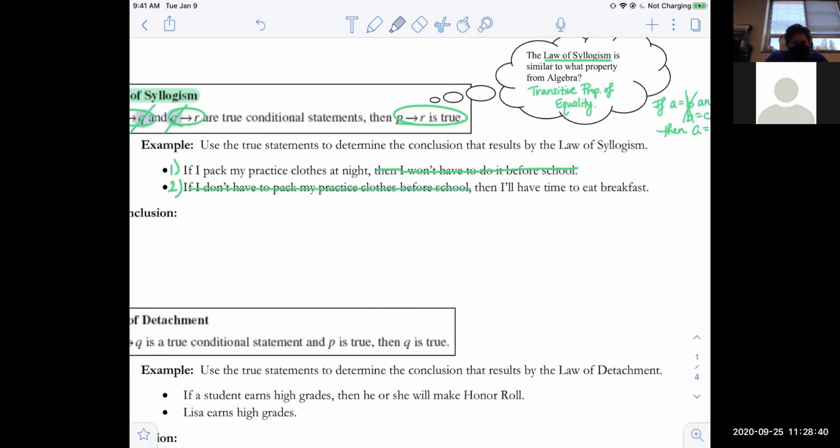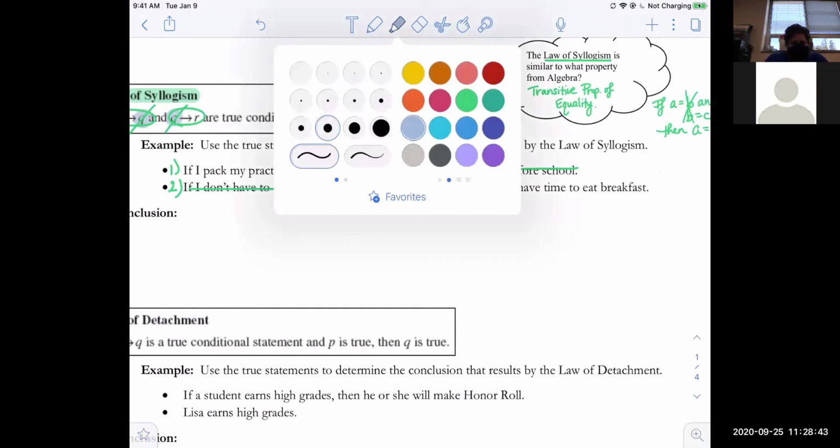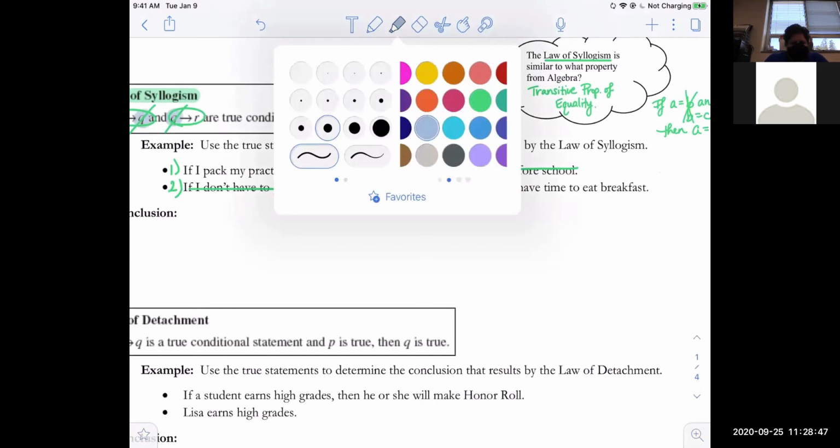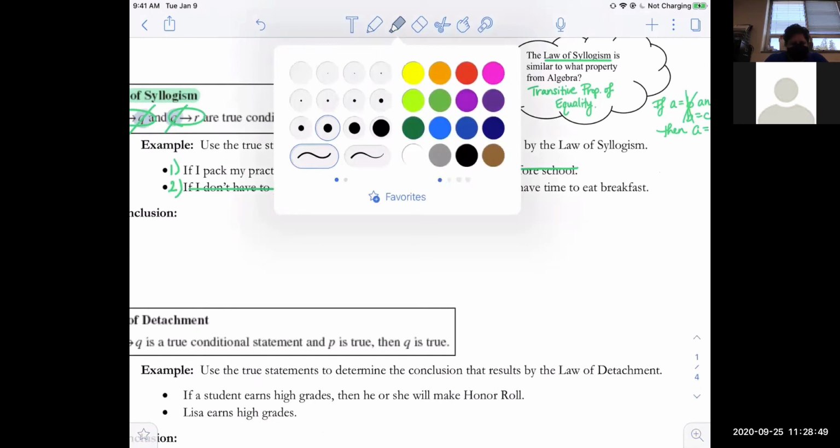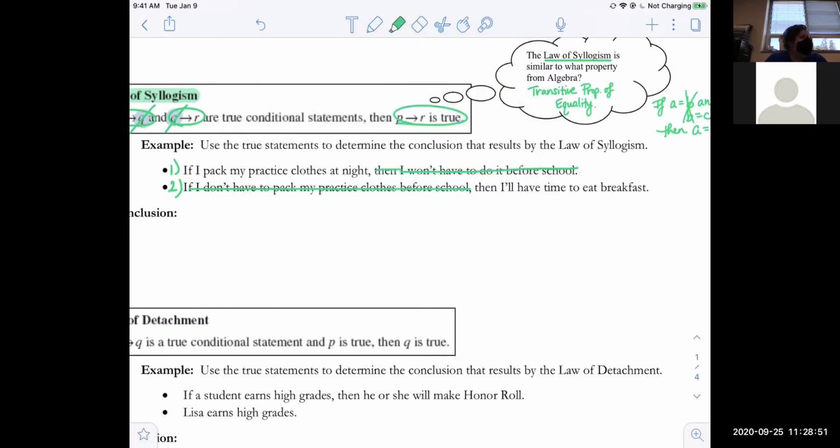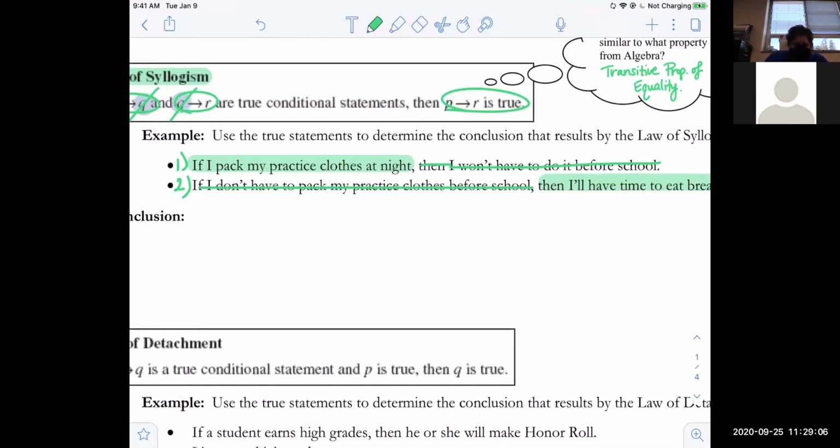So what would our conclusion be? Dayanara. I'll have time to eat breakfast. Okay, this is called syllogism. If I pack my practice clothes at night, then I won't have to do it before school. If I don't have to pack my practice clothes before school, then I'll have time to eat breakfast.